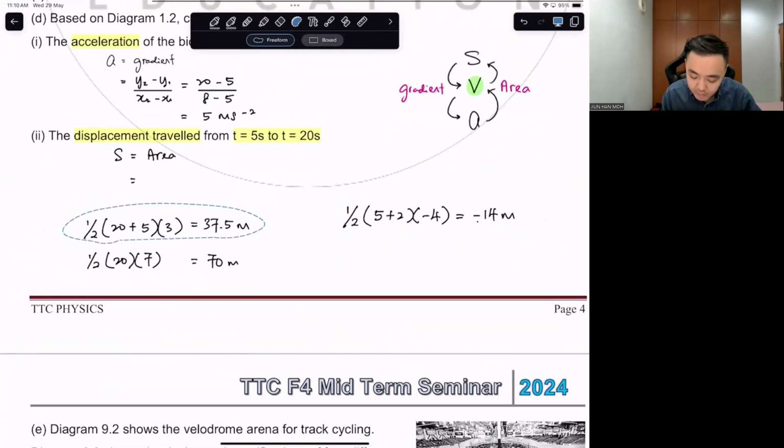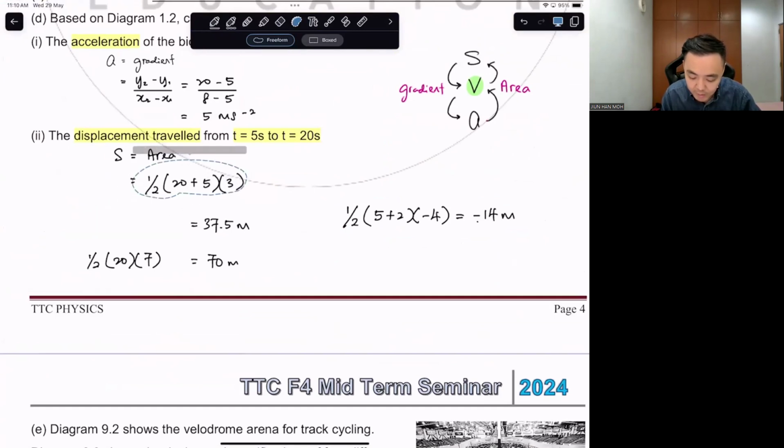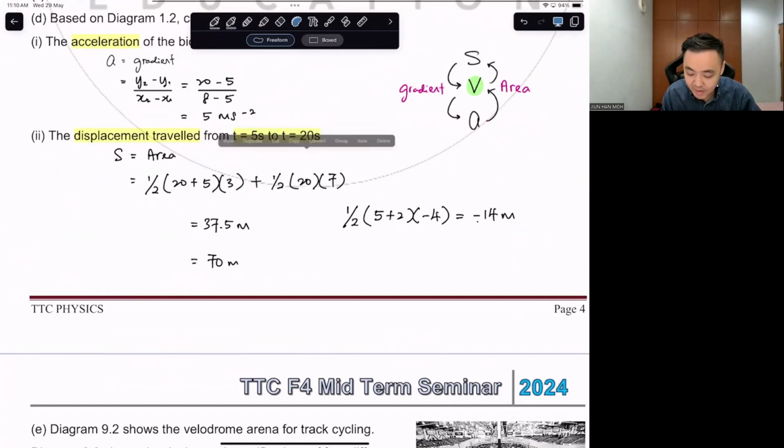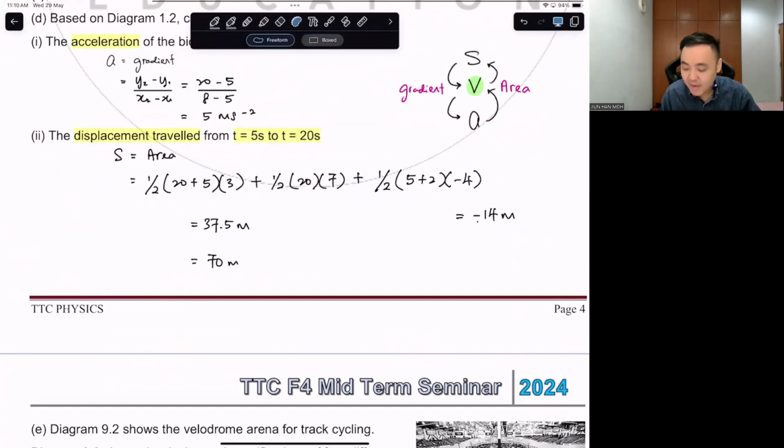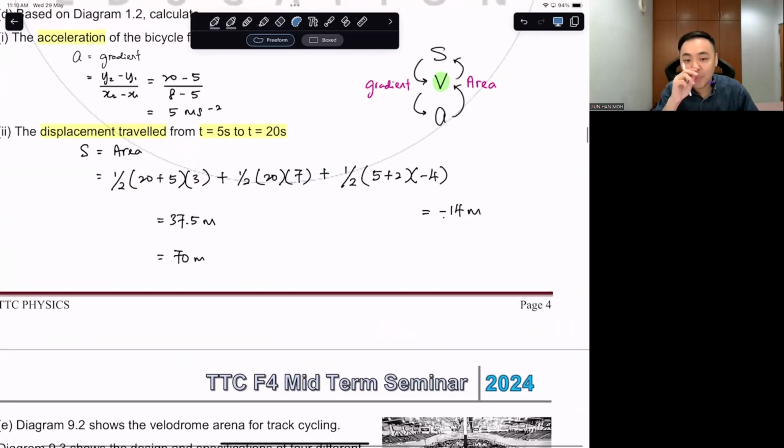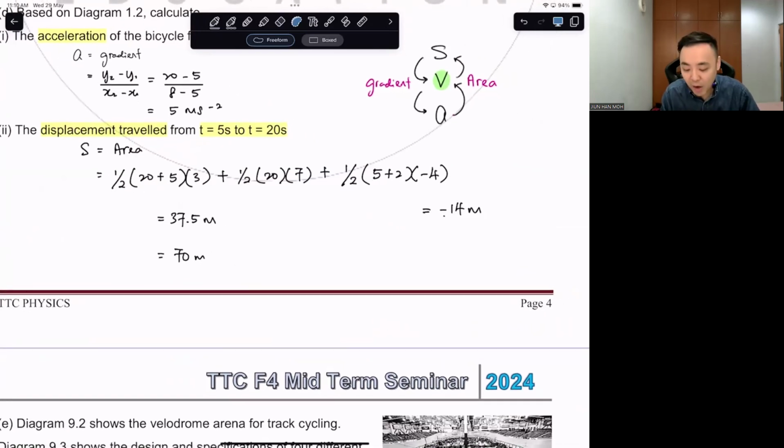So first part, this one plus this one plus this one. Now you want to do plus can, but must put negative. If not, if you just put 4, then you need to know yourself, this is going backwards, so negative.